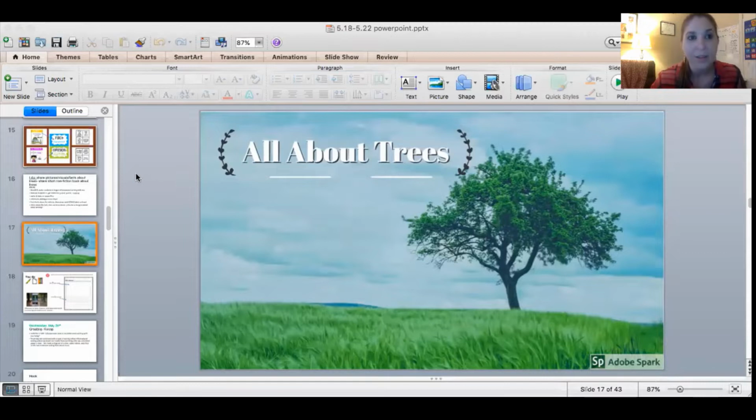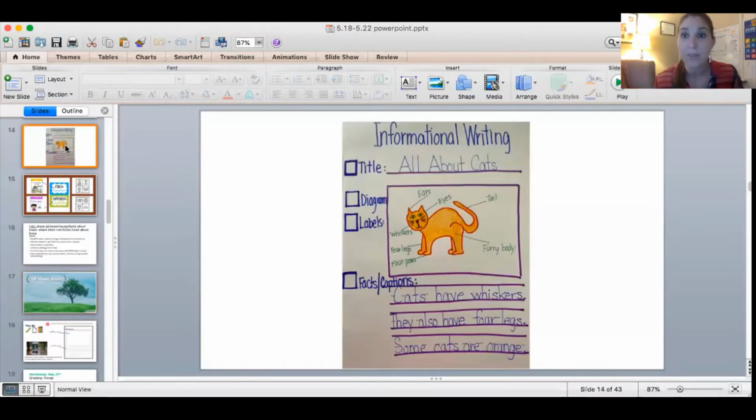Before we begin, let's just review some things that we find on an informational writing piece. So remember, when we begin our informational writing piece, we'll be adding a title. It won't be all about cats. This is just the model. But we'll add a title to say what the writing is going to be about, what we're teaching our reader about. We will add a diagram, which means we draw a picture of what we're teaching our reader about.